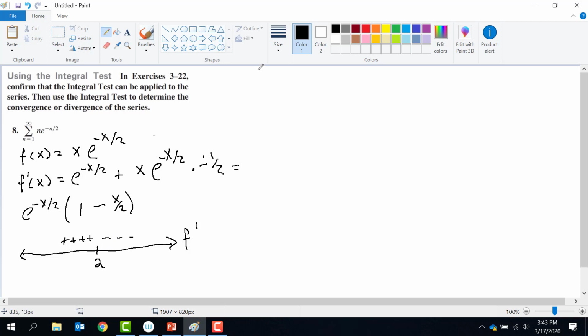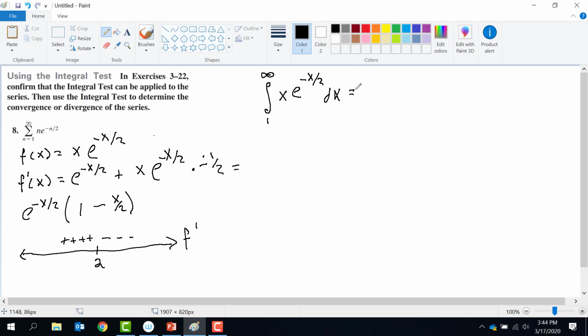Okay, so to apply the integral test, we find the improper integral from 1 to infinity of x e to the negative x over 2 dx.